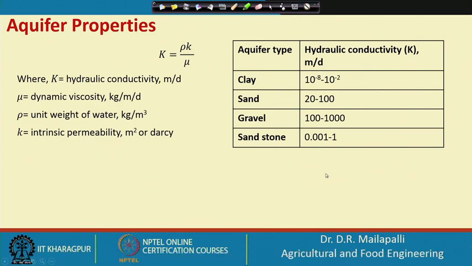In this lecture we mainly focused on some basic topics on groundwater: what a geological formation is, what an aquifer, aquifuge, aquitard and aquiclude are. These are different kinds of geological formations present underneath, along with the different soil waters.